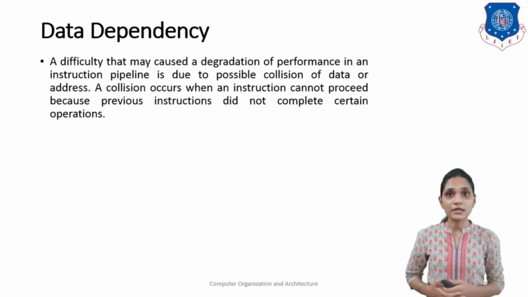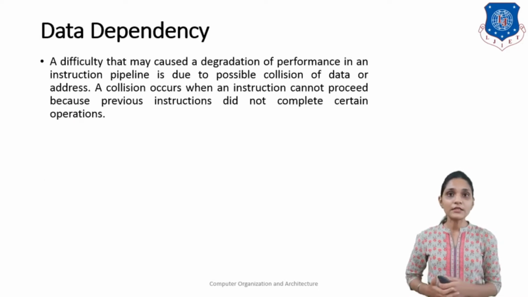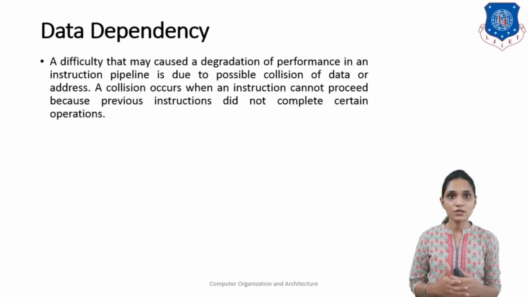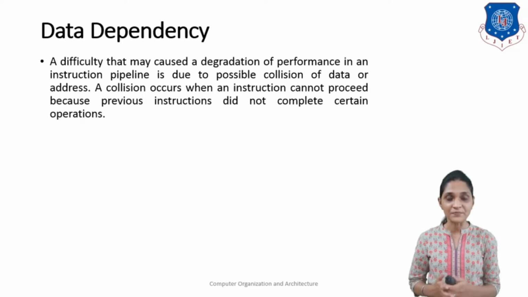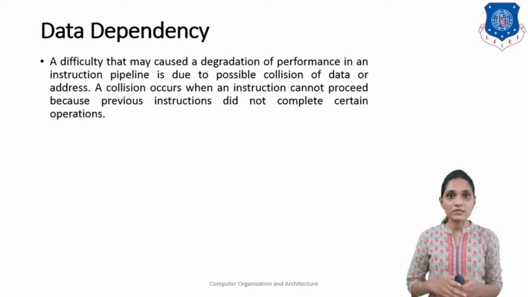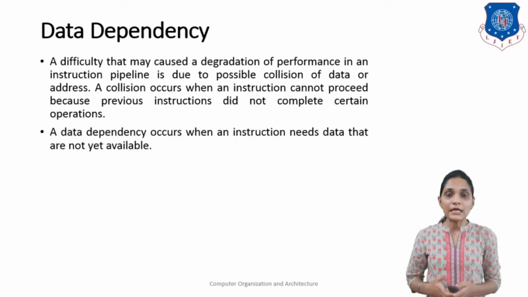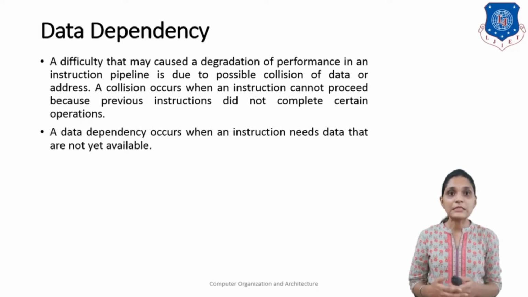So first we start with data dependency. A difficulty that causes degradation of performance in an instruction pipeline is due to possible collision of data or address. A collision occurs when an instruction cannot proceed because its previous instruction did not complete a certain operation. A data dependency occurs when the instruction needs data that are not yet available.